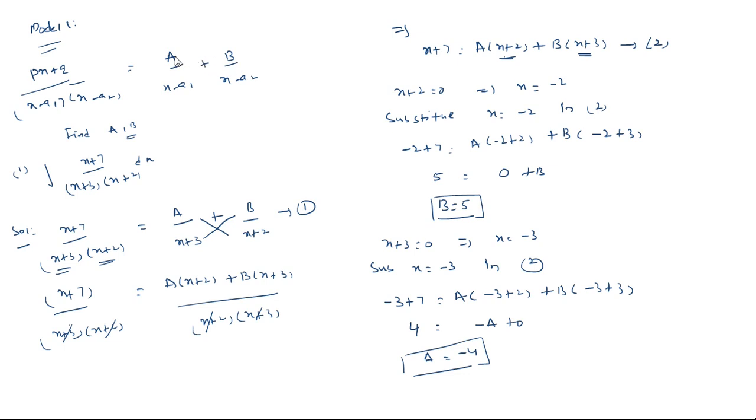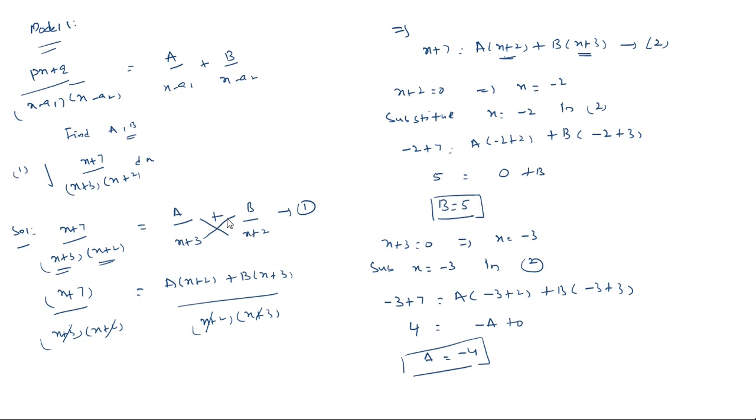Take a by (x minus a1) plus b by (x minus a2). We need to find the values of a and b. For that, first we take a simple problem, (x plus 7) by (x plus 3) into (x plus 2), which can be written as a by (x plus 3) plus b by (x plus 2).